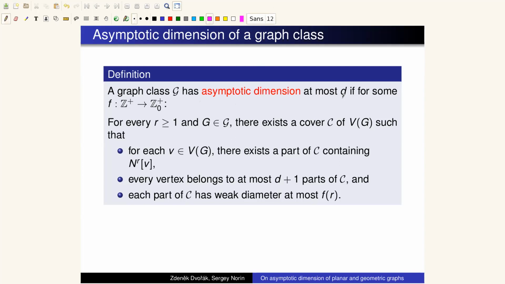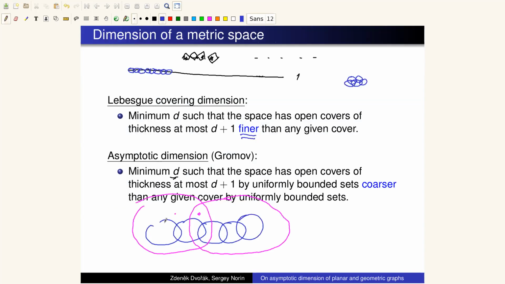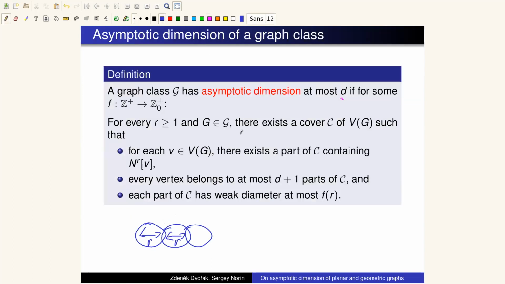We say that it's at most d if there exists some function such that the following claim holds. For every R, which will be like the size of the sets in the starting cover from this definition, there must exist a cover of the vertex set of the graph such that all the sets of radius R are contained in at least one of the parts.